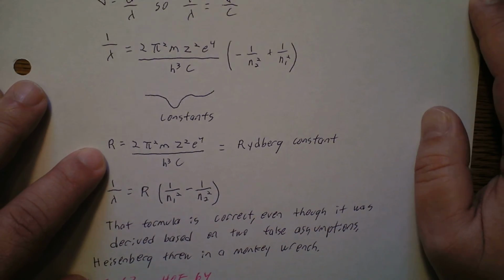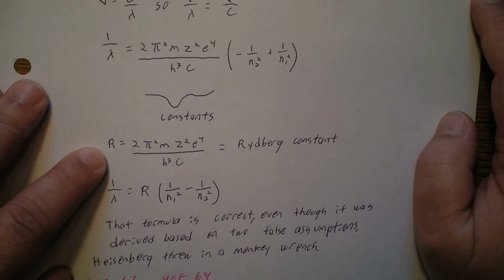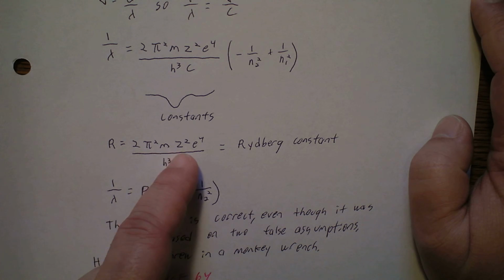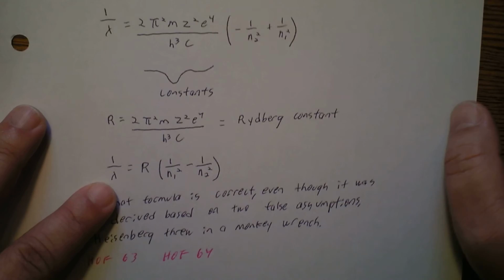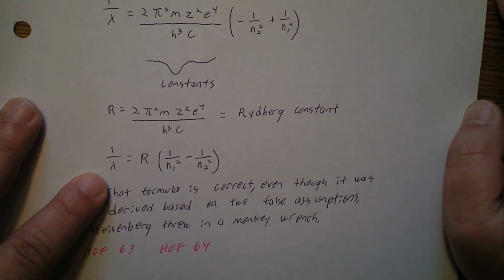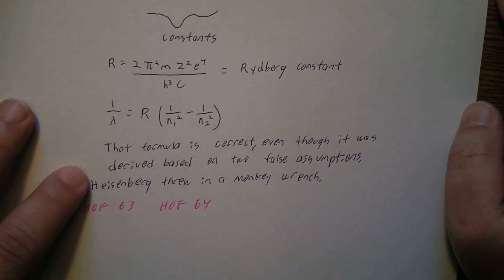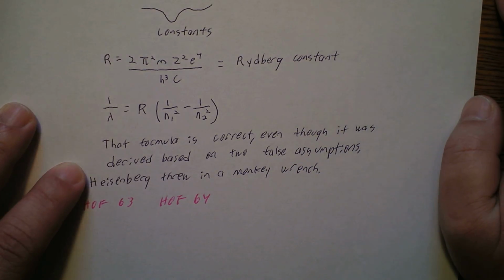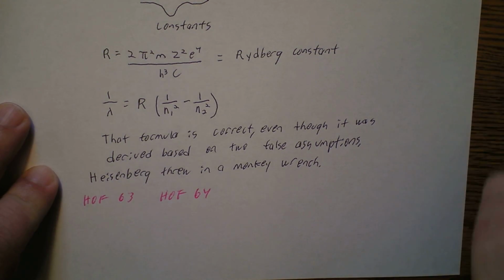So we define the Rydberg constant, capital R, not to be confused with the gas constant or anything, as 2 pi squared mz squared e to the fourth over h cubed c. So 1 over lambda is equal to R times 1 over n1 squared minus 1 over n2 squared. Now that formula turns out to be correct, even though it was derived based on two false assumptions. So then Heisenberg threw in a monkey wrench.